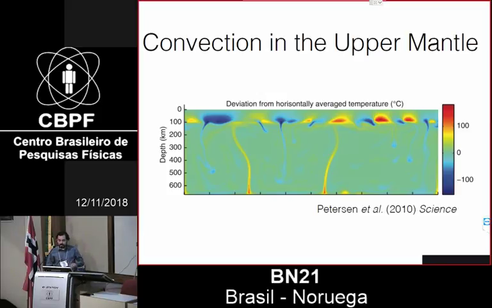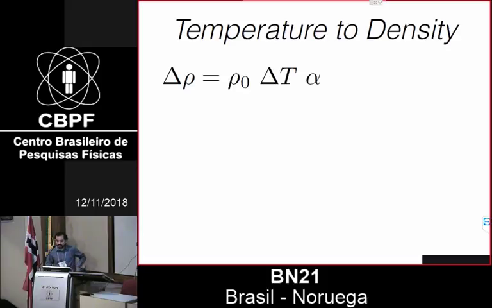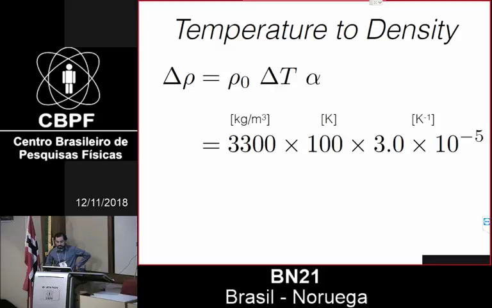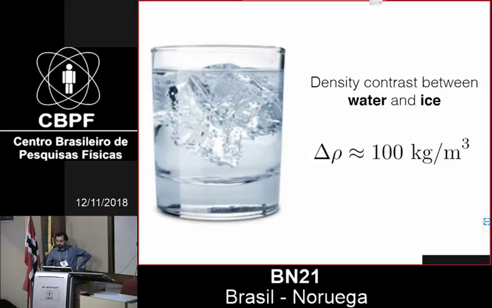And if we convert this temperature contrast to density contrast, we obtain nearly 10 kilograms per cubic meter. This is one order of magnitude smaller than the density contrast between ice and water. So the convection in the asthenosphere is maintained by a small difference in density.